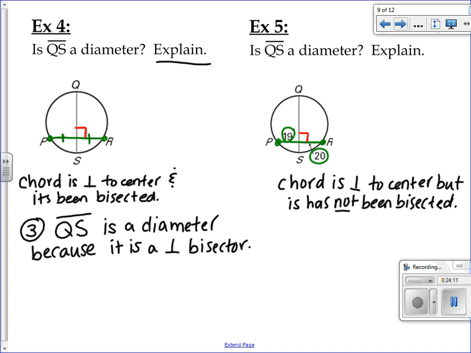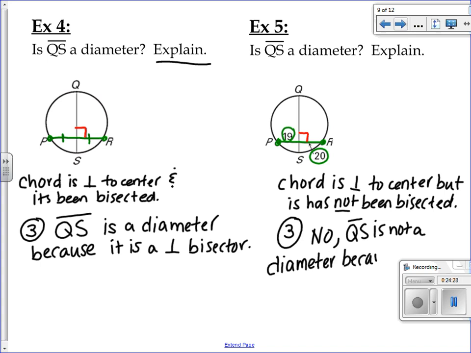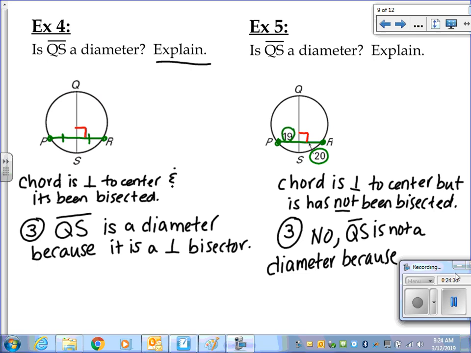So this is still that third property, but is QS a diameter? No, QS is not a diameter, because even though it's perpendicular to the chord, it does not bisect the chord.